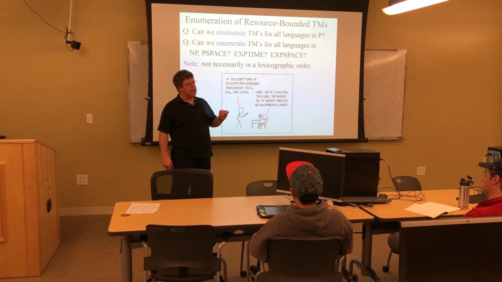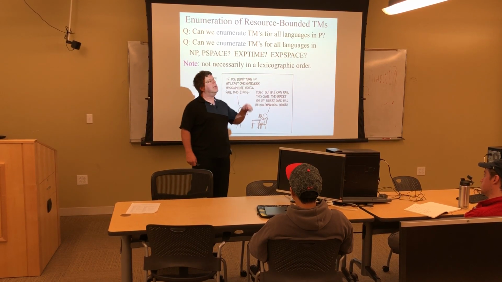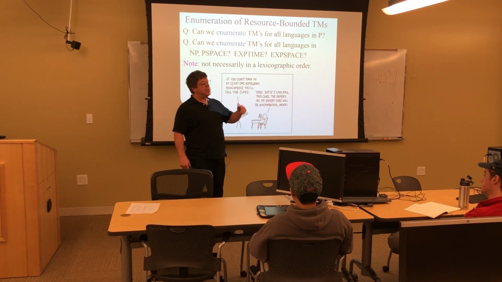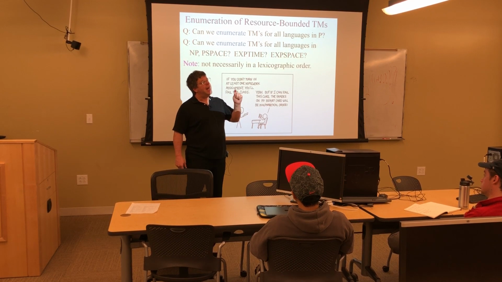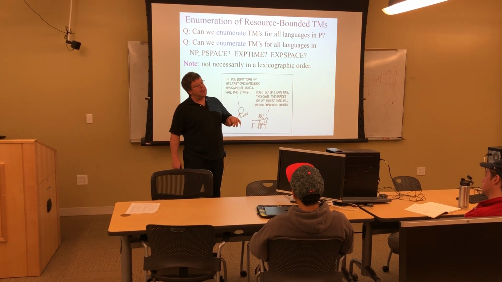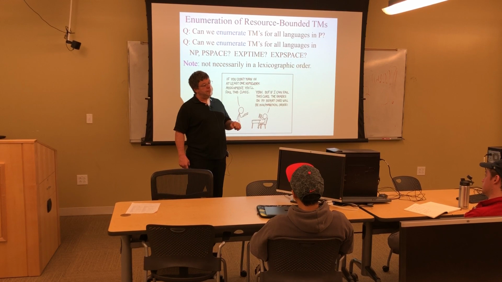All the languages in NP are also decidable, but they're decidable non-deterministically in polynomial time. Now, how do you decide all the languages in NP deterministically in polynomial time? That question is worth $1 million. We don't know.